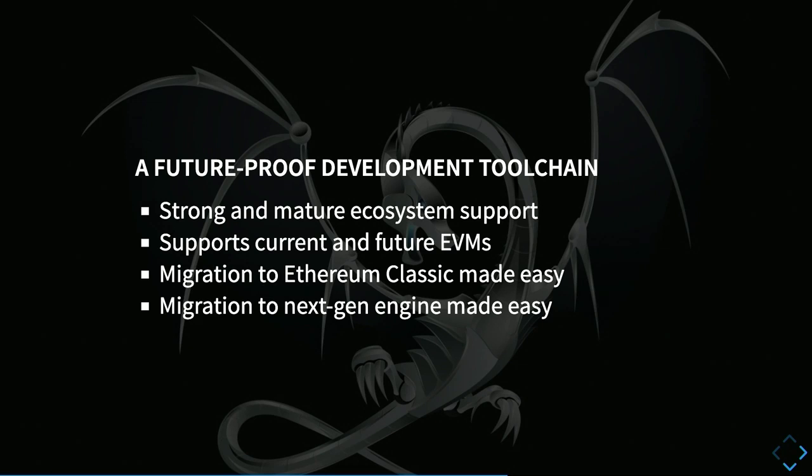This makes the migration of your smart contracts to Ethereum Classic more efficient and easy. And because we believe the compiler for the next generation execution engine will possibly be based on LLVM, the migration to the next generation execution engine on the blockchain will be easier as well.